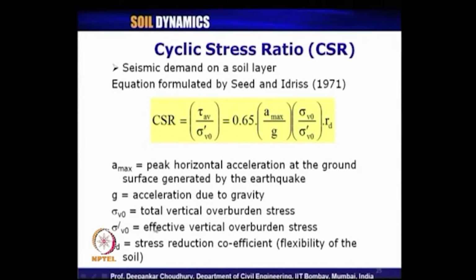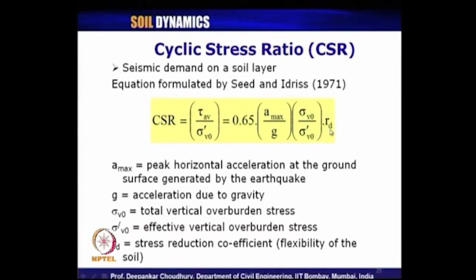So, sigma V naught is the total vertical overburden stress and sigma V naught dash is the effective vertical overburden stress at that particular depth. So, the units of sigma V naught and sigma V naught dash will be the same, and this also gives us a non-dimensional parameter.